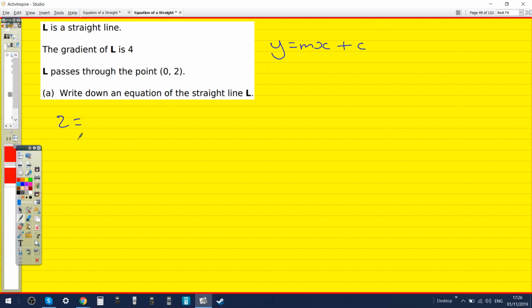So just keep y as y. Or you can do it your way. I think it'll work out. It said that the gradient was 4, so 2 equals 4 times x, which is 0, so 0, and then plus the constant, which we don't know. So what can you do now? Simplify that to 2 equals the constant. Yep.